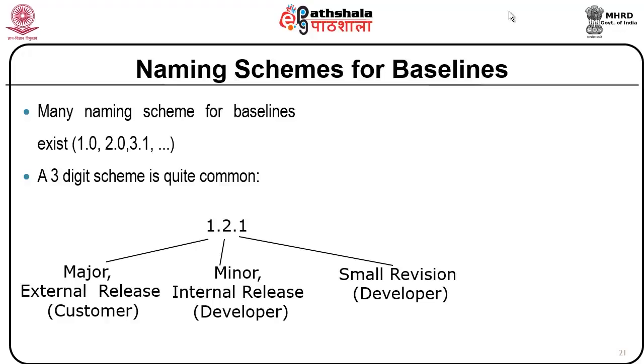When there is a major external release to the customer, you may number it 1, 2, 3 and so on. When there is a minor internal release by the developer, 1.2, 1.3. When there is a small revision by the developer, 1.2.1 and so on.